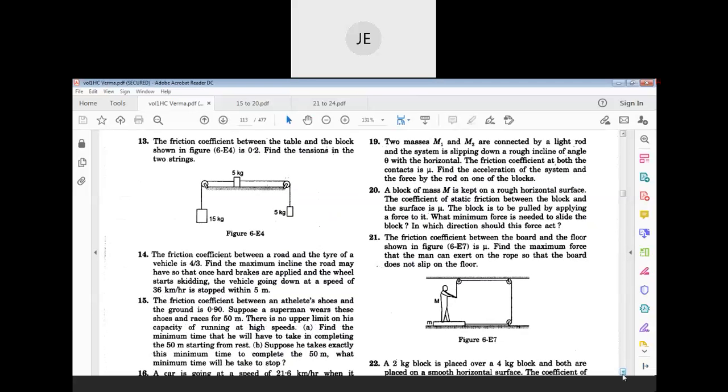So the man has to apply the force, and we have to find that force so that the board does not slip. The board is that small m. So basically you have to find the tension force, the force to be applied.